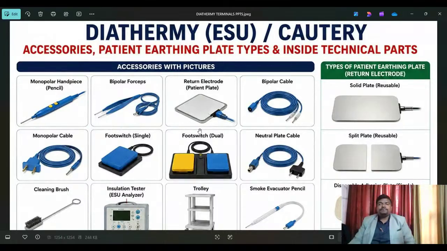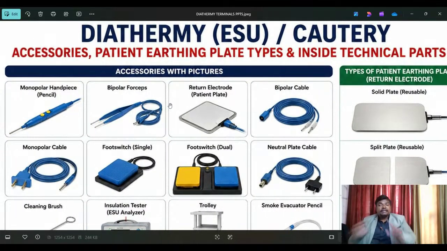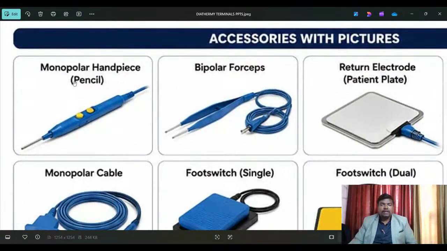Okay, right. See here, I'm going to show you. This is very zoomed, and you have to focus. If you take any diathermy, if you go to any hospital, these are very important things. See here, I'm showing you very clearly. Monopolar hand pencil. Using monopolar, you can do cutting, coagulation, fulguration, everything.